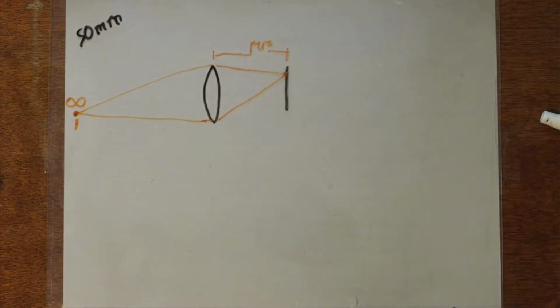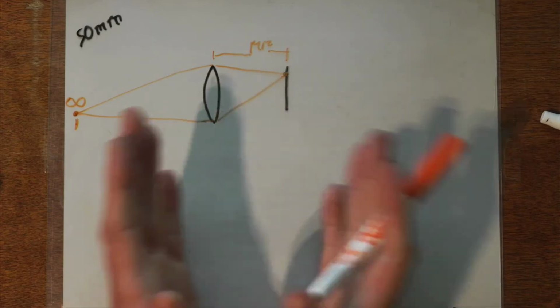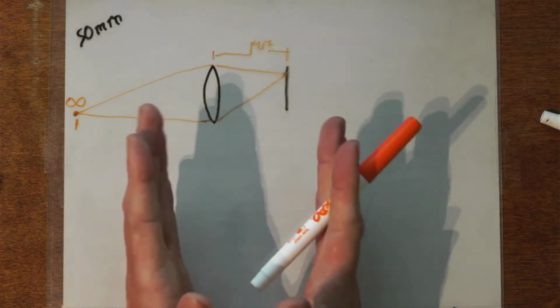Now, what this does for our cameras and for our apparent use of those cameras is that the lens either looks thinner or wider.